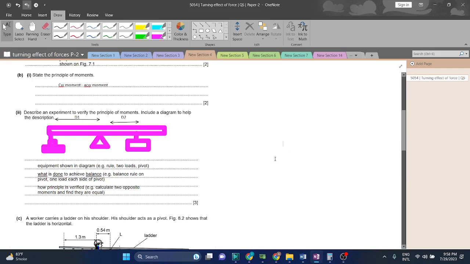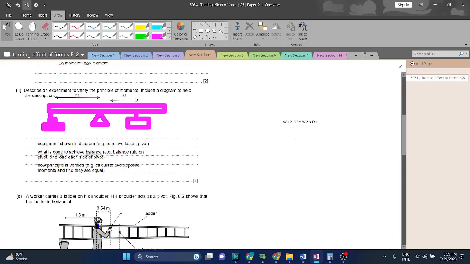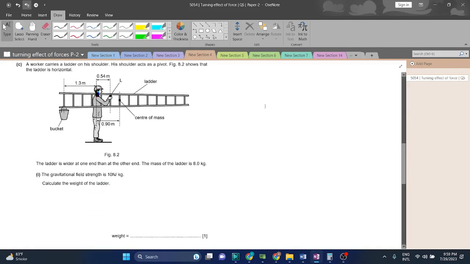Clockwise moment will be W1 into D2 is equal to W2 into D1, in order for there to be an equilibrium, and that verifies the principle of moments. Okay, so let's look at the next one.